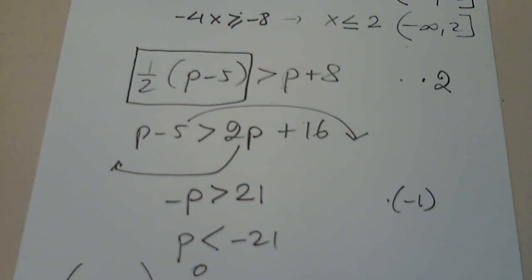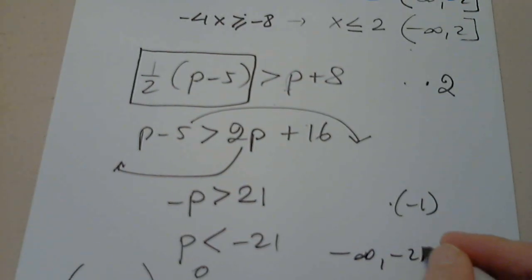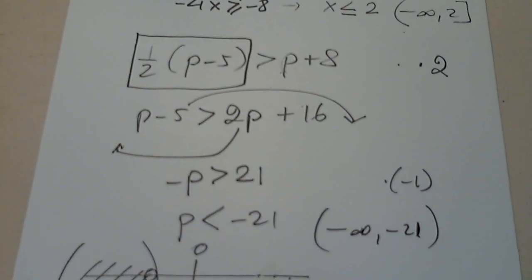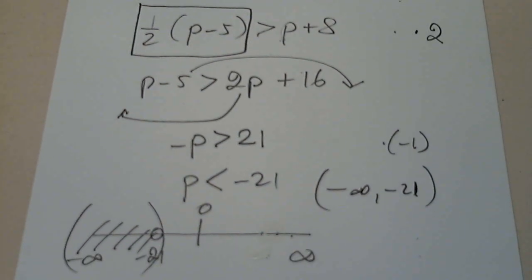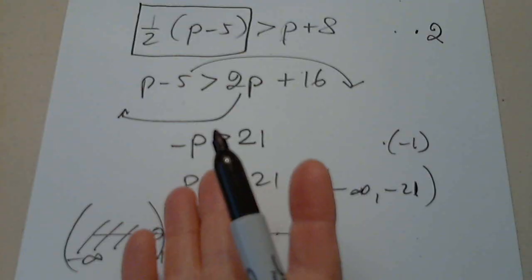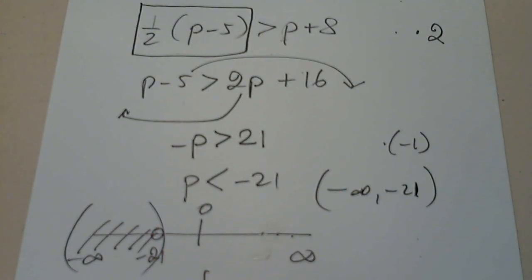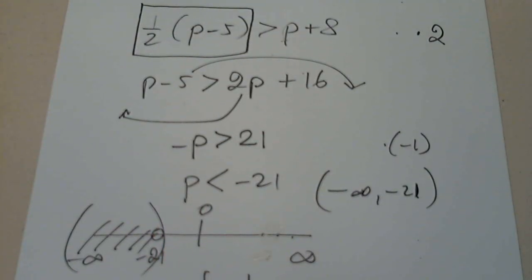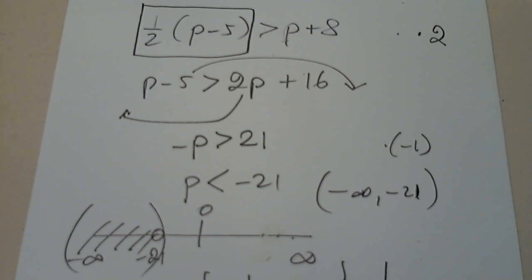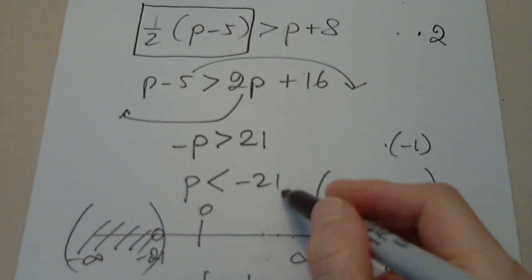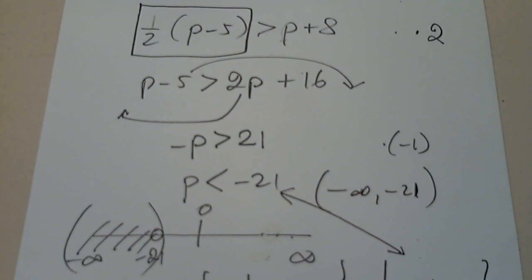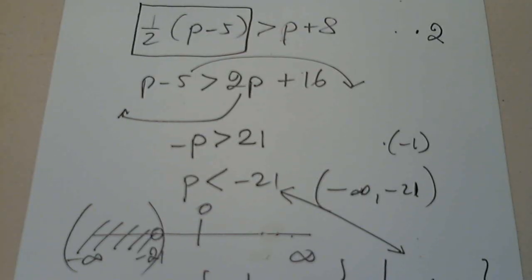The interval notation, negative infinity, negative 21 with parentheses. And the set builder notation is really nothing. It's the same thing. X having the property, it's p. P having the property, p less than negative 21. So these two are really the same thing. It's just an overkill.